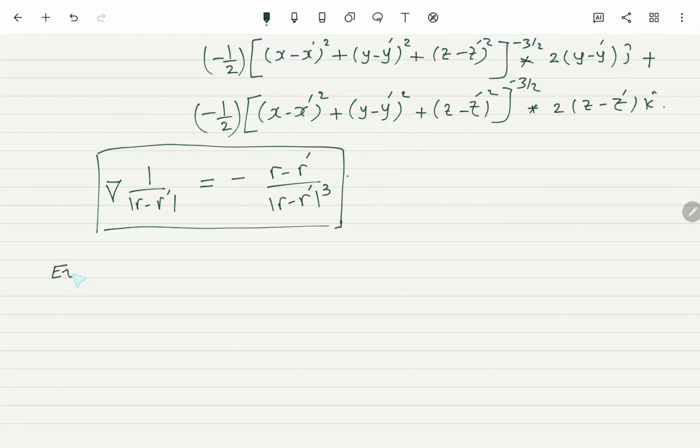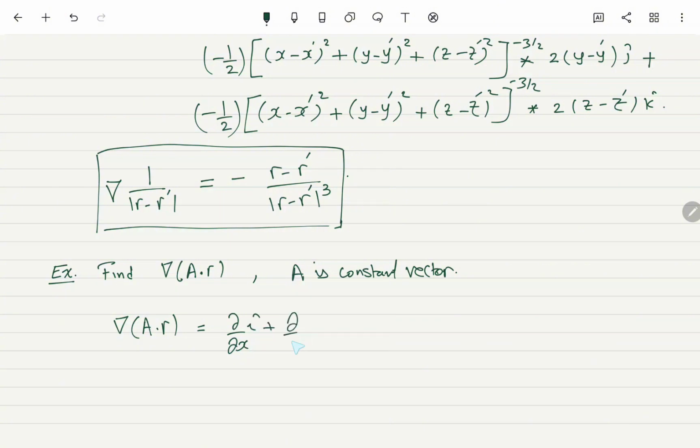Example: find gradient of A dot R, assuming that A is a constant vector. Now to find gradient of A dot R, the del operator is partial x i plus partial y j plus partial z k.